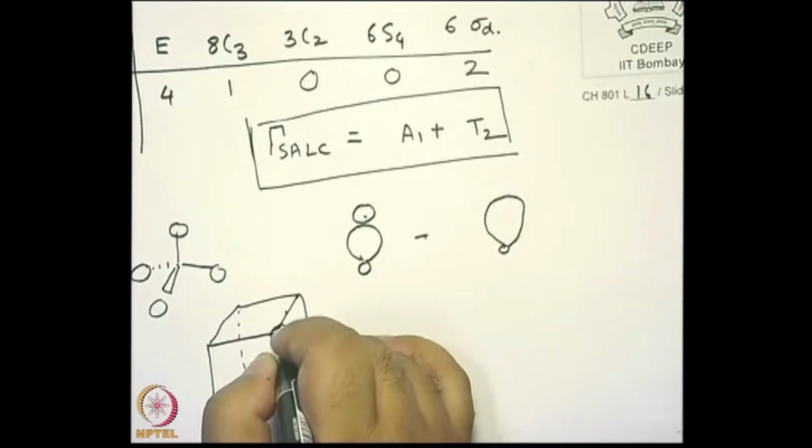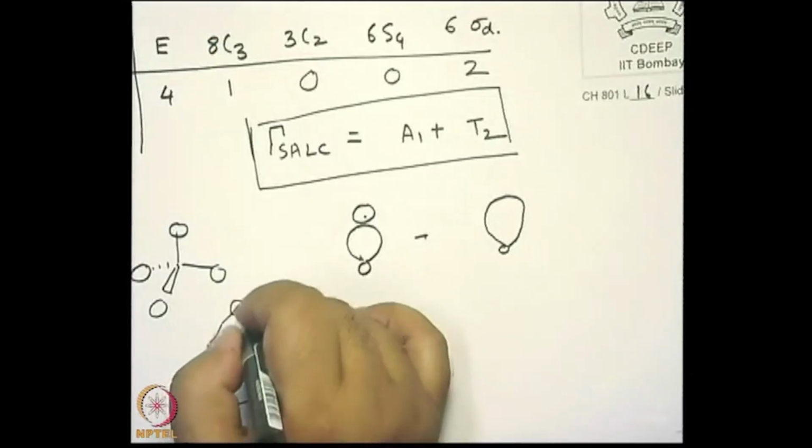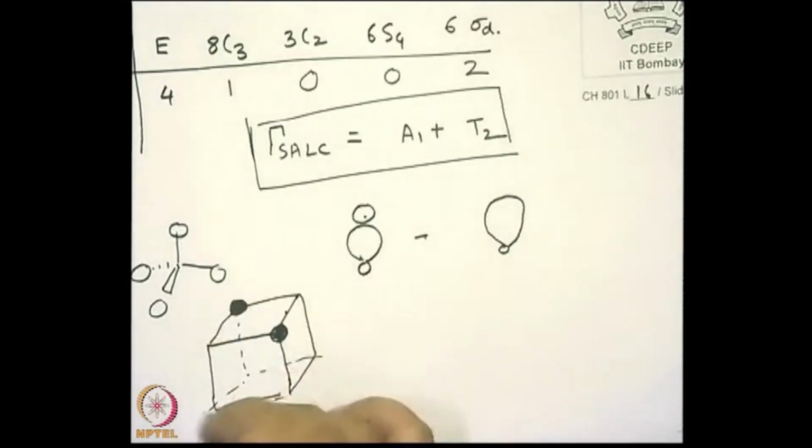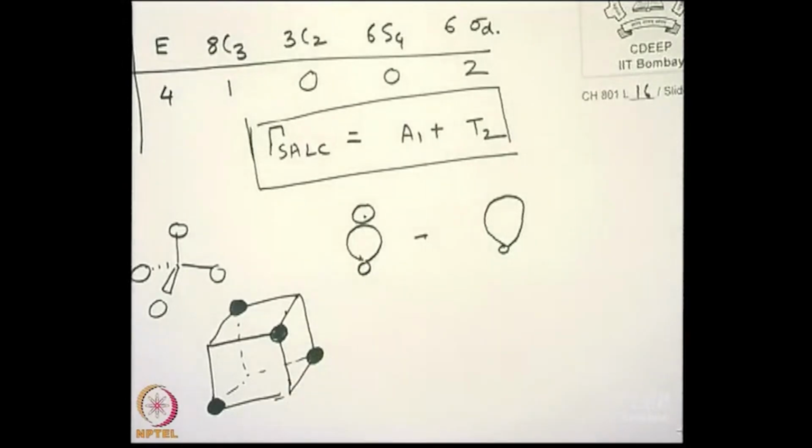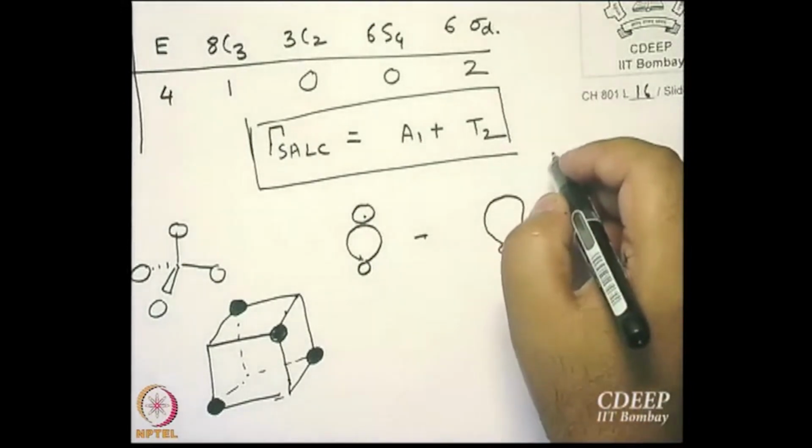I will draw a solid circle for plus and a hollow circle for minus. Will you agree with me that this would be an A1 representation, the basis for a totally symmetric representation? That SALC, I will call it phi 1.